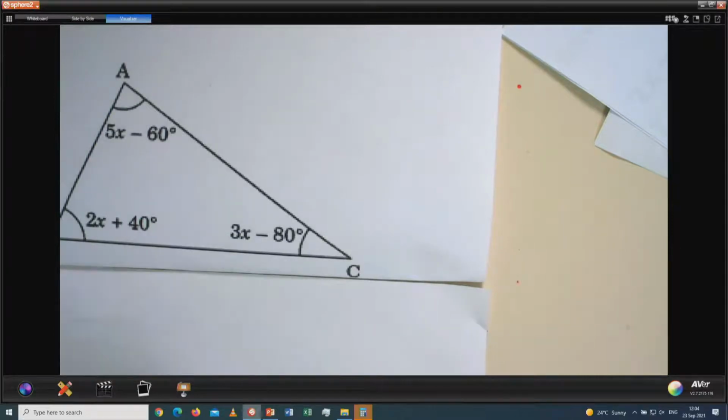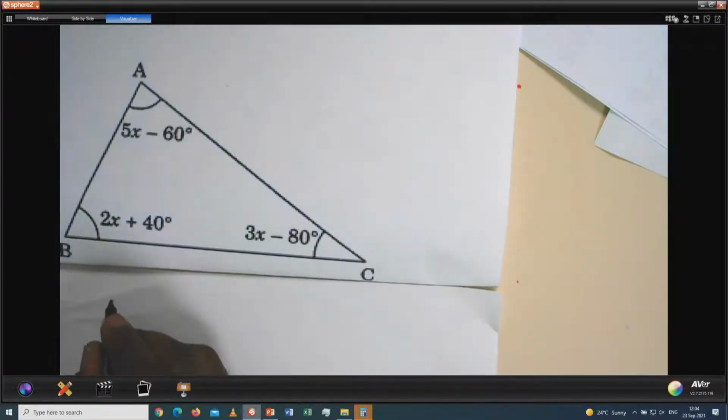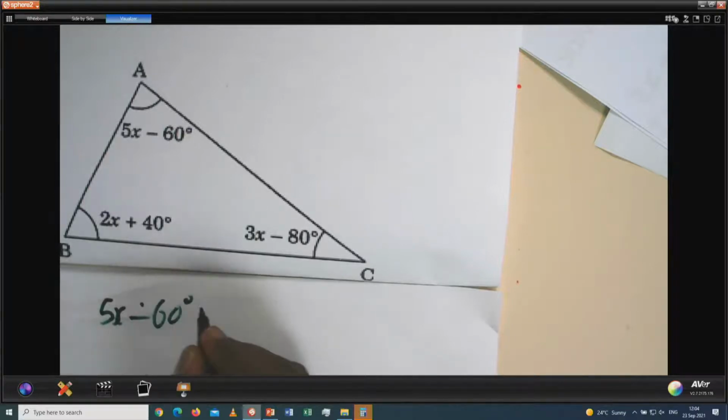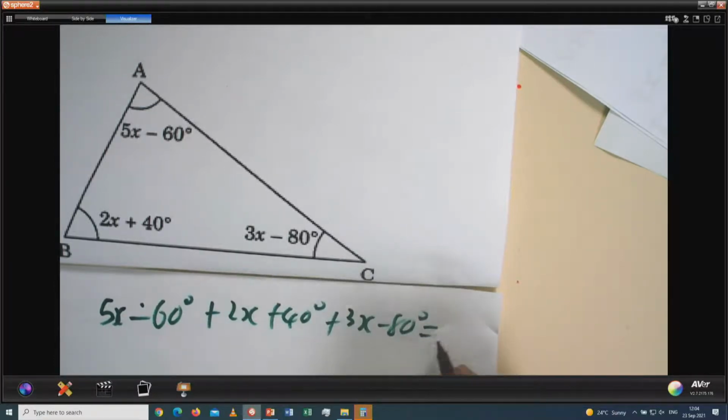You know, that's a mathematical language that we know. Just write what is in front of you. 5x minus 60 degrees plus 2x plus 40 degrees plus 3x minus 80 degrees. When you add all of them, how much is it? 180 degrees.